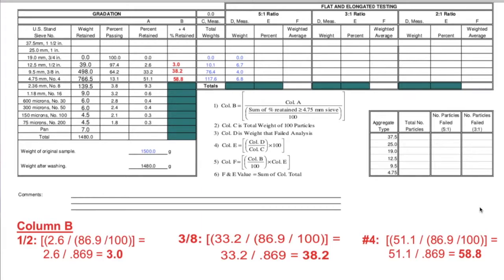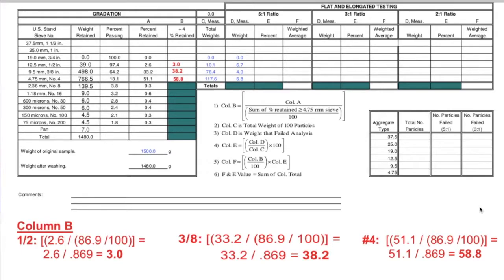So on column B, let's look at our first sieve, which is a 1/2 inch. We want to get 2.6, divide that by 86.9 over 100, which is 0.869. The 2.6 divided by 0.869 is going to give us a 3.0.